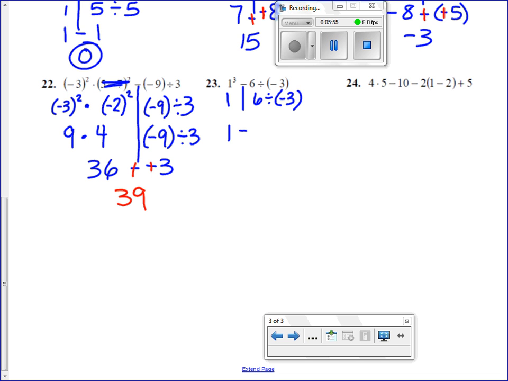I'm going to write the minus because 6 divided by negative 3 is negative 2. 1 minus negative 2. I can't subtract. Okay, are we seeing a theme here? I have to change it to a plus positive. 1 plus 2, I get an answer of 3. And that's it. I should have circled that 39.